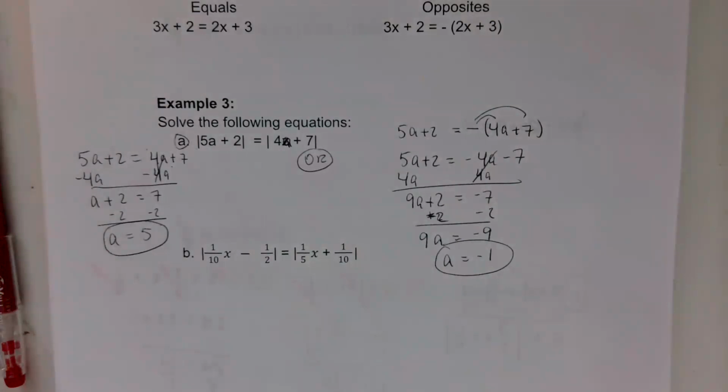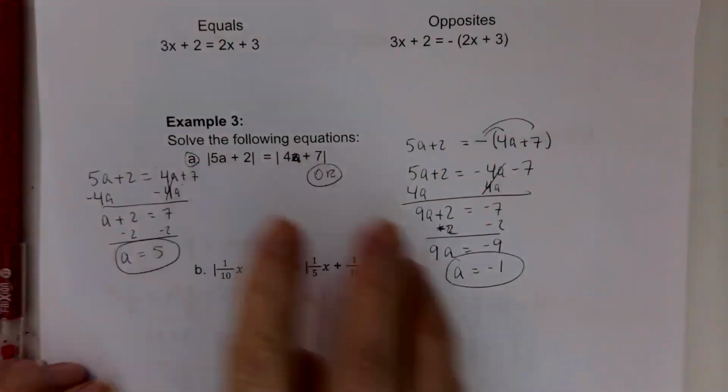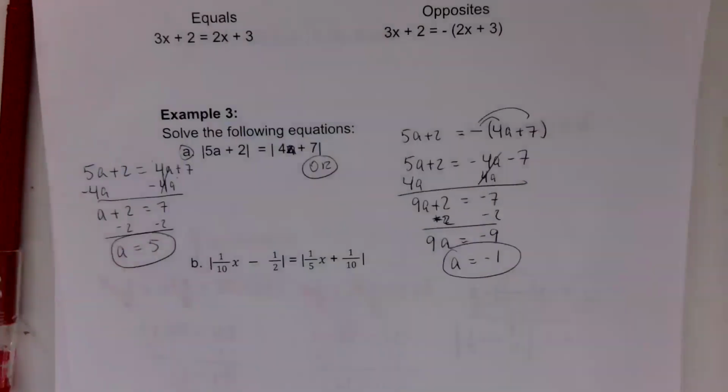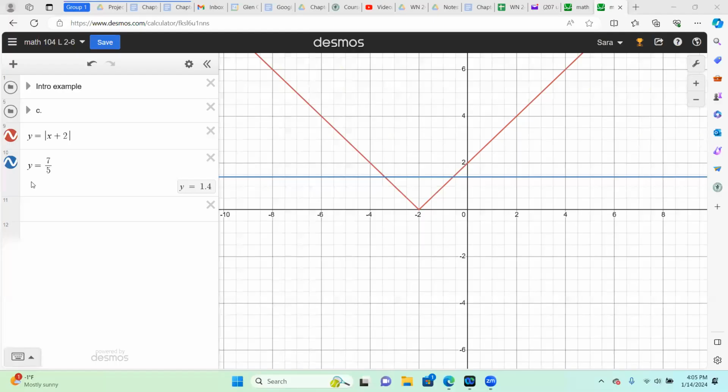So let's look at that in decimals. Let's show that when these two absolute values equal each other, they equal at 5 and a negative 1. Let's put this in.